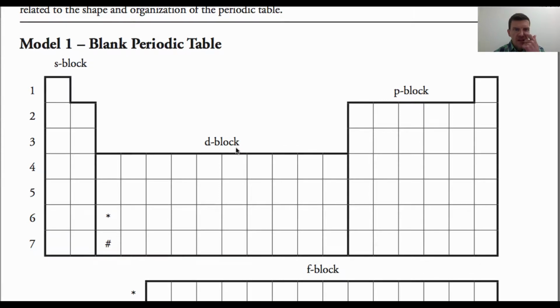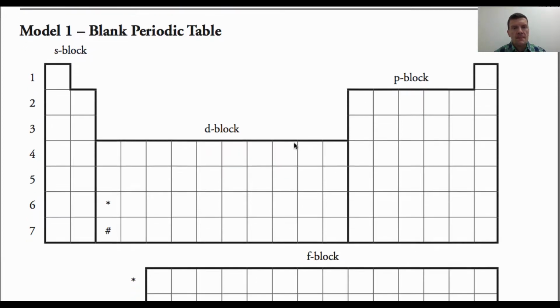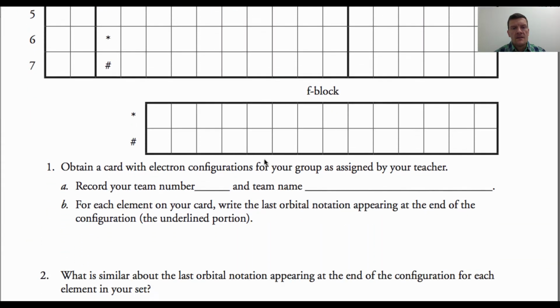In Model 1 we have a blank periodic table, and there is some information given about different sections or areas of that periodic table. We'll talk about that in a little bit. If you did this already, you would have found in this unit some documents that assigned a group, like a student group, meaning a particular group on the periodic table, and then gave you some information.